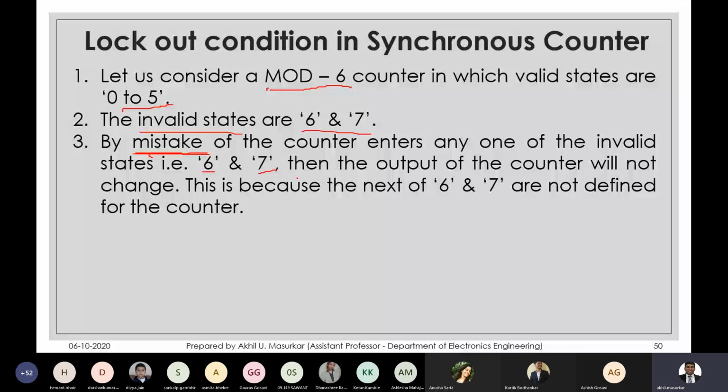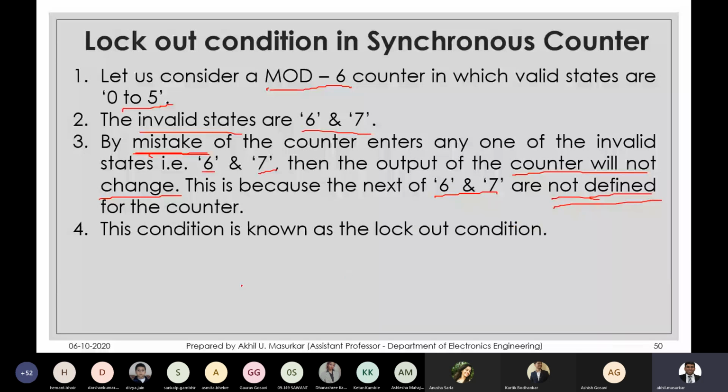So by chance, if the counter goes into the state of 6 or 7, then the output of the counter will not change, because the next states of 6 and 7 are not defined for the counter, and this condition is known as lockout.